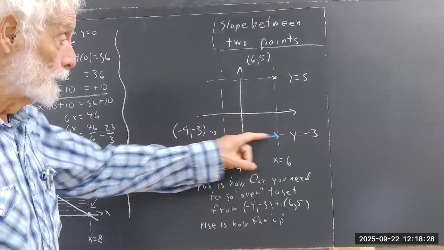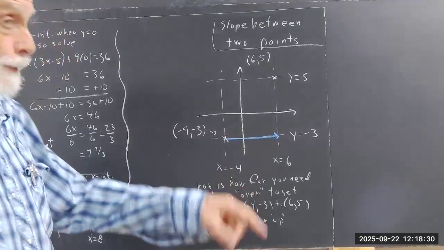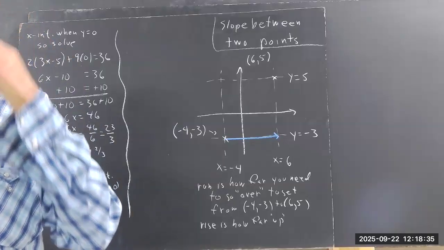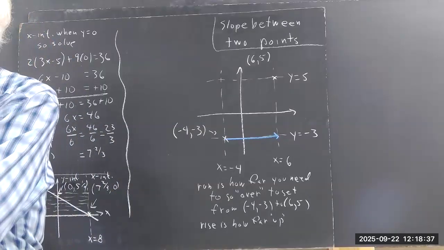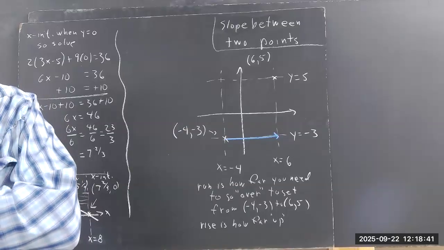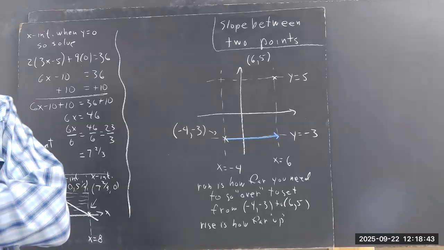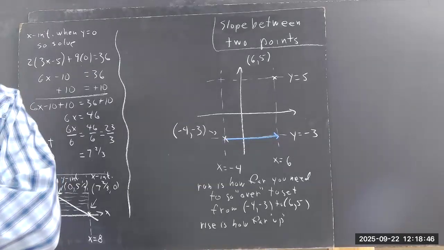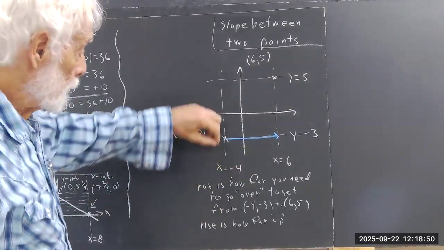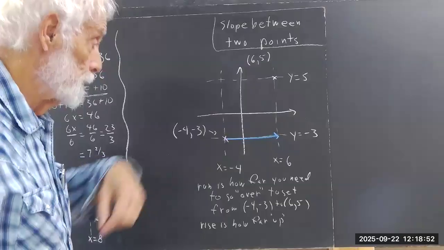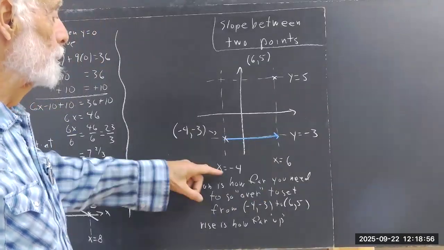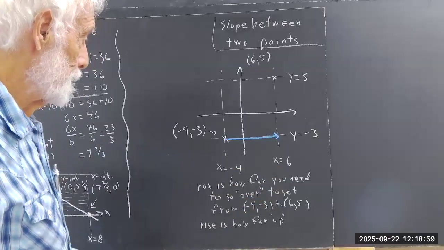Now I want to go from the y-axis to x equals 6. How many units is that? Show with your fingers. Yeah, well, that's 6 units. You're going from x equals 0 to x equals 6. So we got to go over 4 units and then 6 units. Of course, to get from -4 to 6, we could subtract -4 from 6.